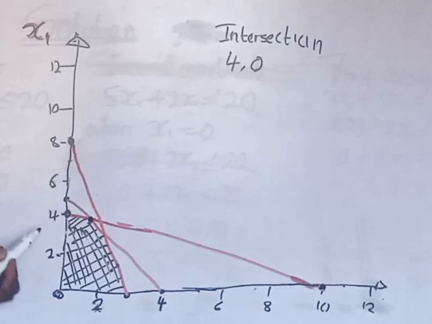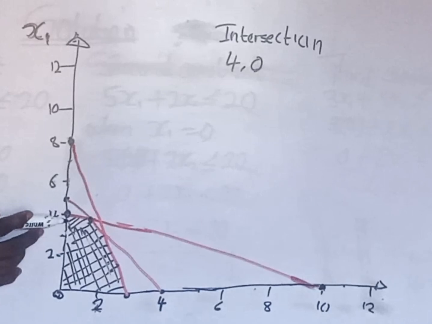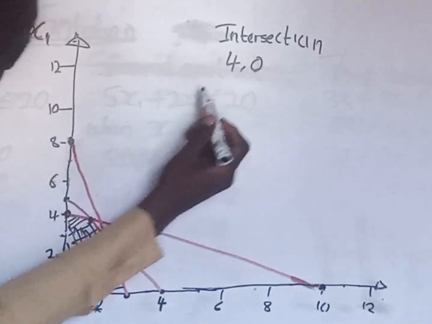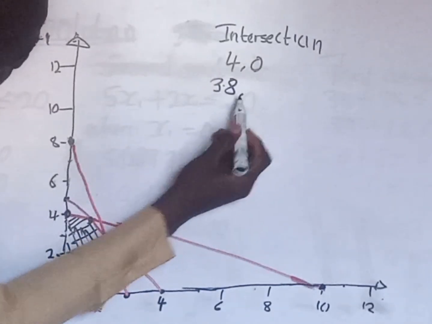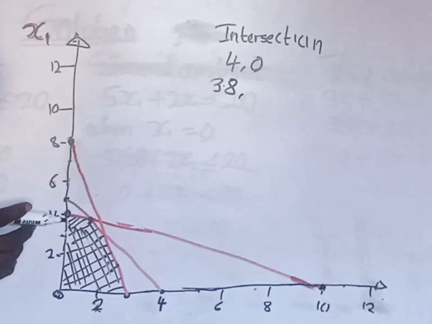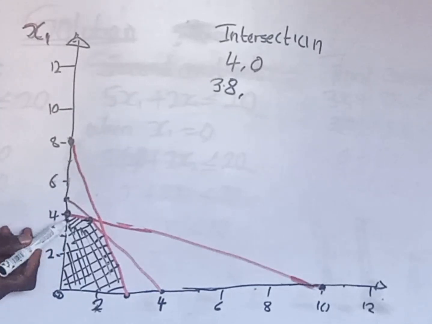Now, if you trace it downward, you realize that this is 0, this is 2, and this is 4. 3 will be somewhere here. So if you trace that, this one is close to 3.8. So x1 will be 3.8, comma.